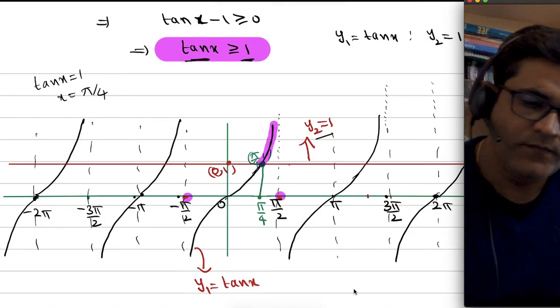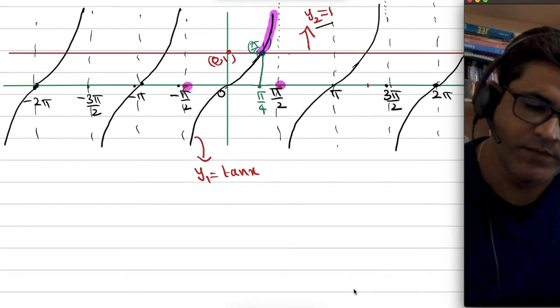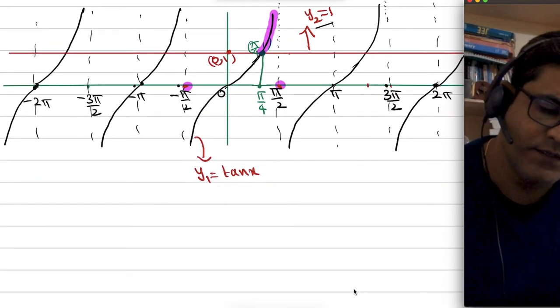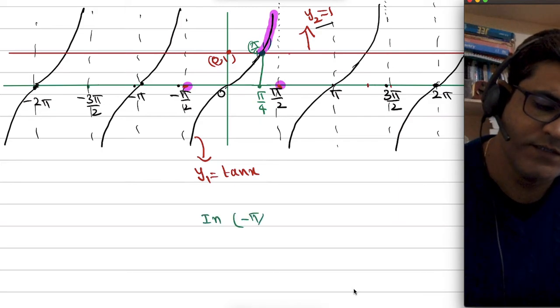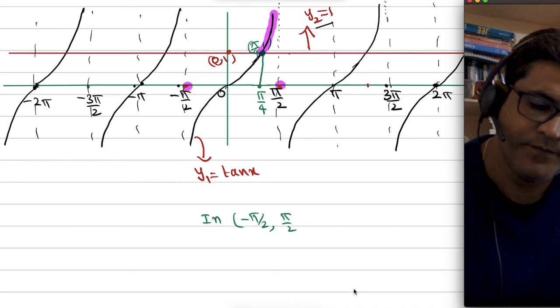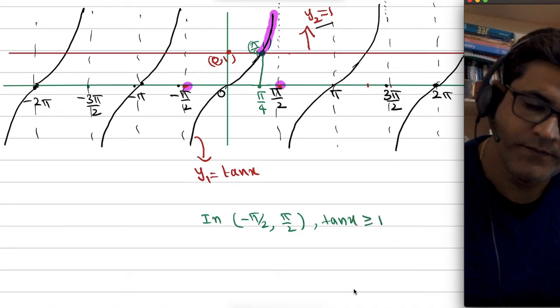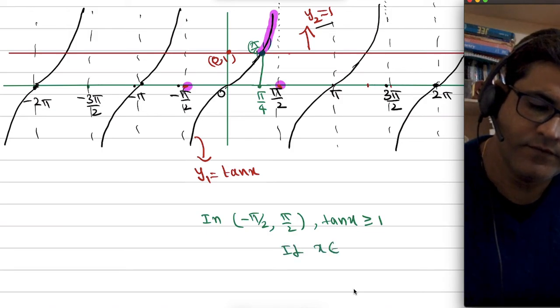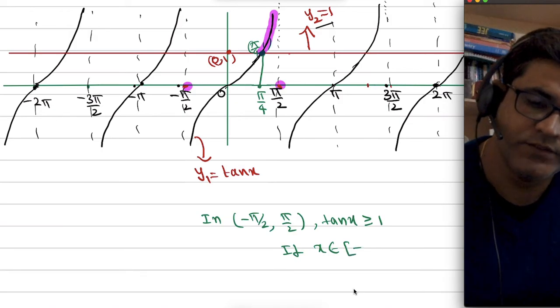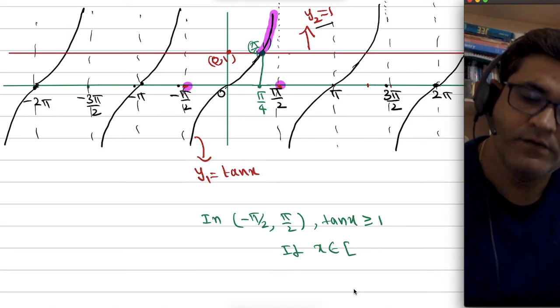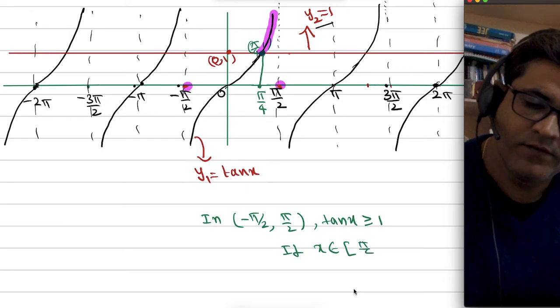So now the solution set in the interval minus pi by 2 comma pi by 2 is that tan x is greater than or equal to 1 if x belongs to closed pi by 4 to open pi by 2.